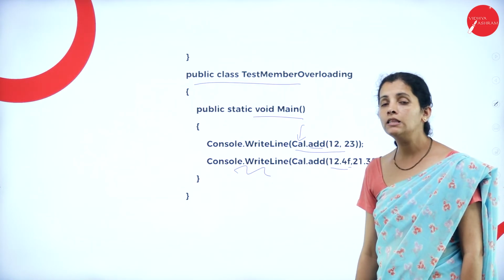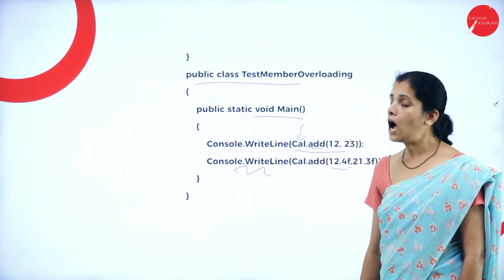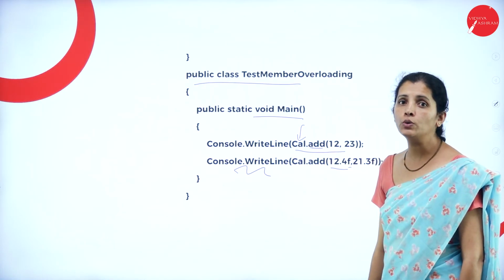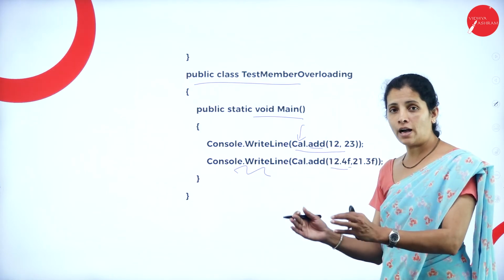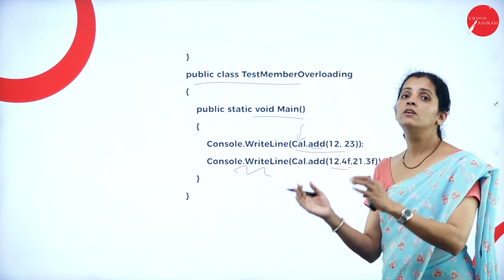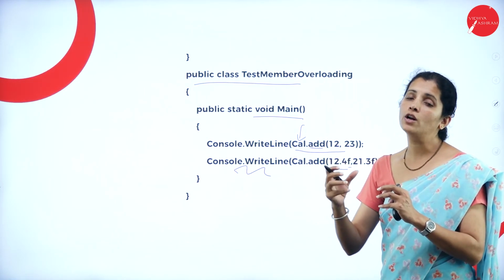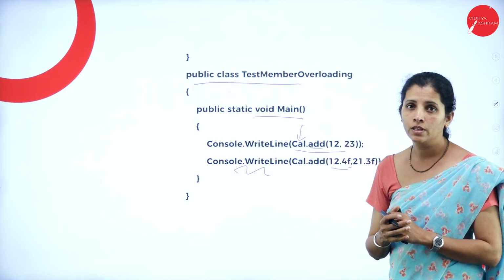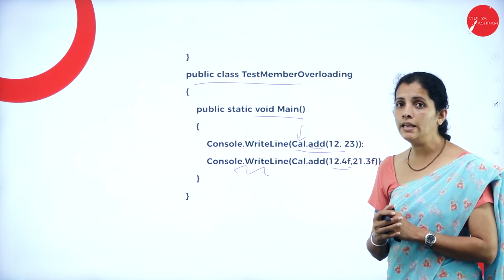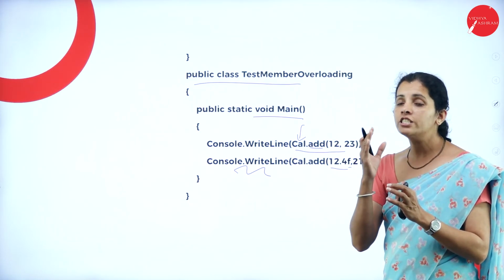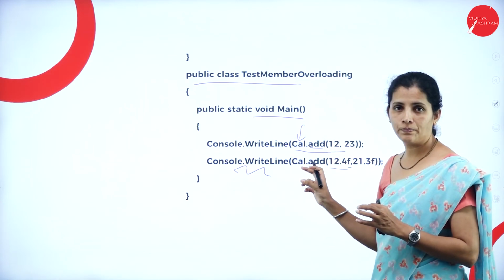Now, dear student, the question arises: how is the compiler going to understand which method call is for which method? At the beginning, the compiler checks the method name.